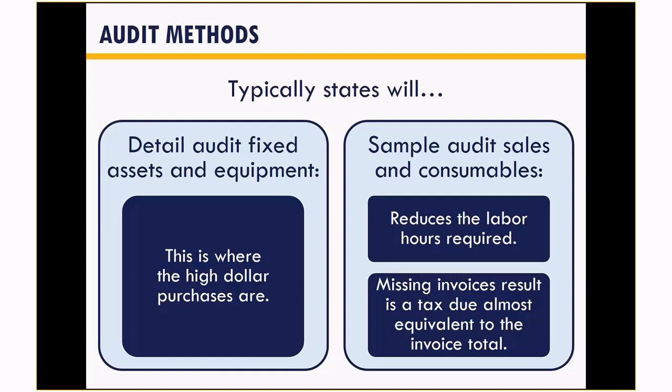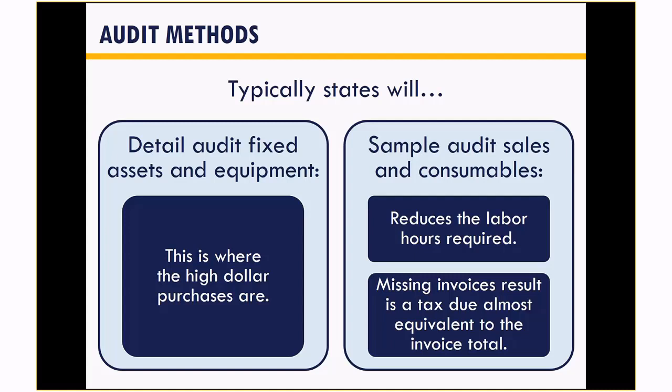If you receive an audit notice, the auditor says, we will be coming to audit you. Typically, they will want to go through your fixed assets and equipment accounts in detail. This is where your big purchases are. This is where they're going to go through every line item to see if you've paid the use tax or not, or if sales tax was properly charged.